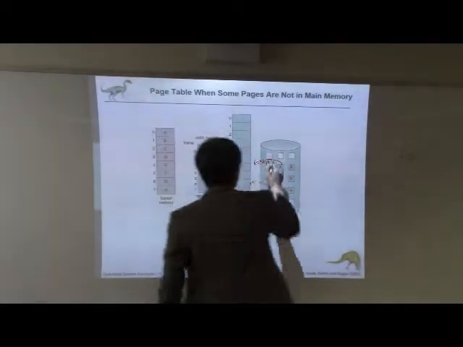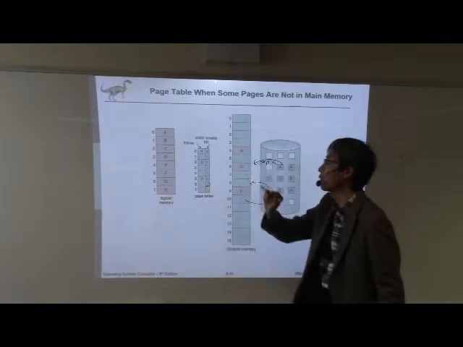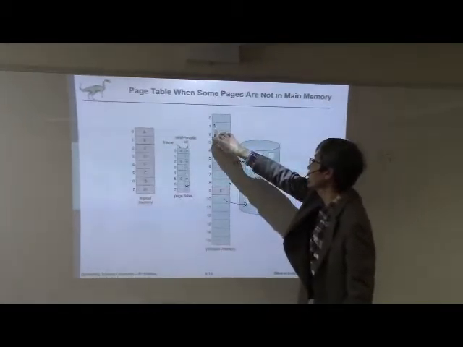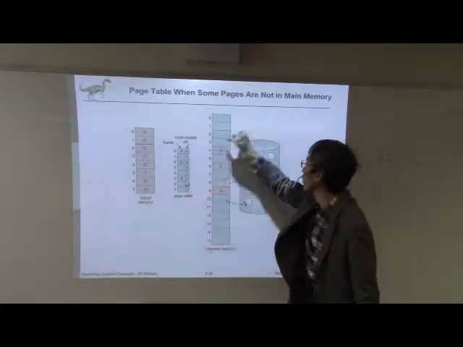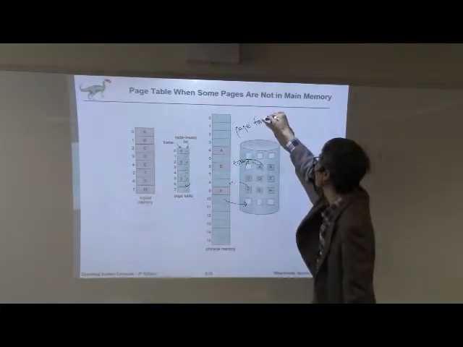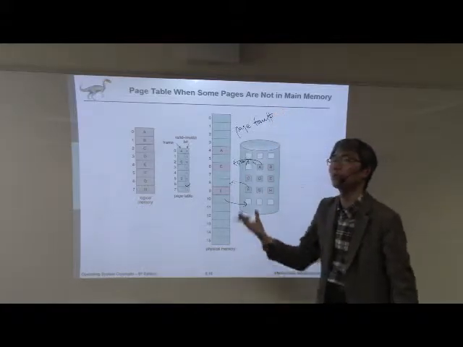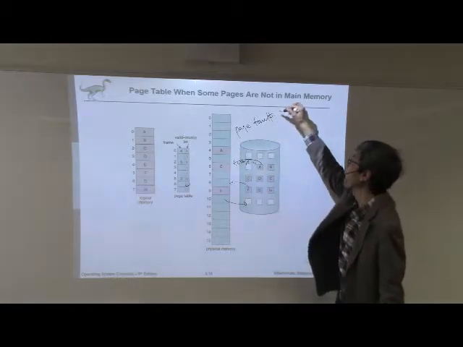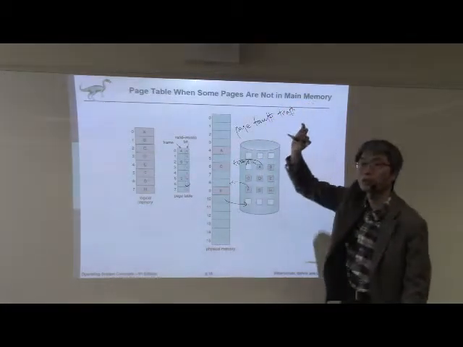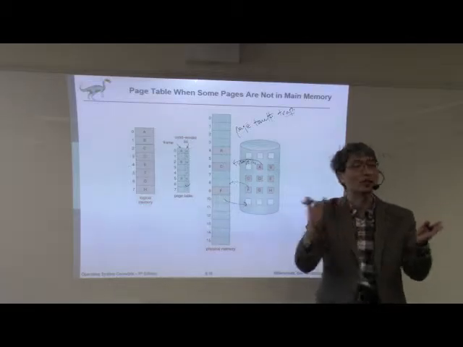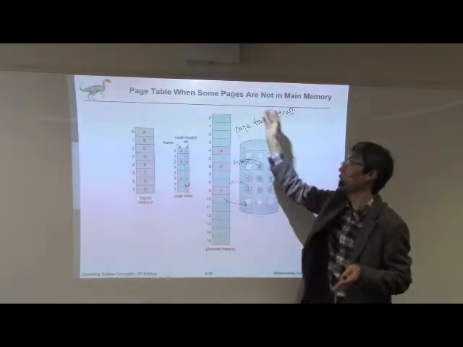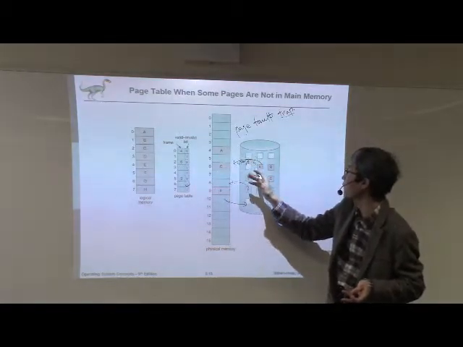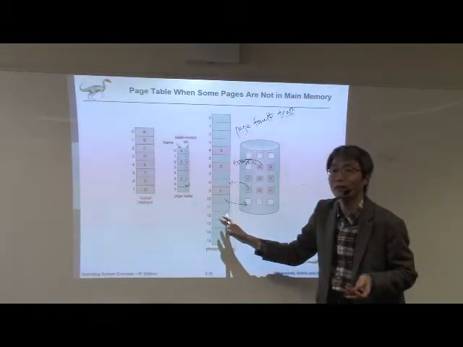This is a page in. This is a page fault. When you encounter such an invalid entry, when you cannot find the page in the physical memory, that is called a page fault. In case of a page fault, we need to do something more. At that time there's a page fault trap. In terms of the interrupt, the operating system has a trap. First, you need to find the free frames.